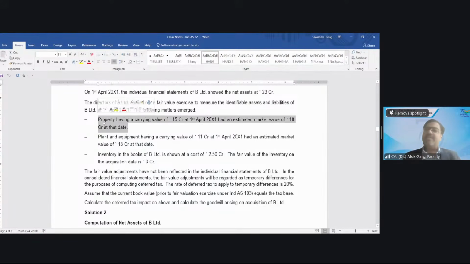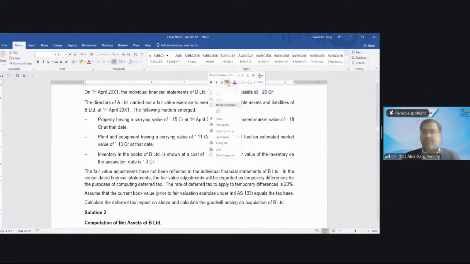Means, what is the increase in the value of the property? 3 crores. So the carrying amount in the acquiree's books will go up, right? In this 23 crore, this 3 crore will be added.